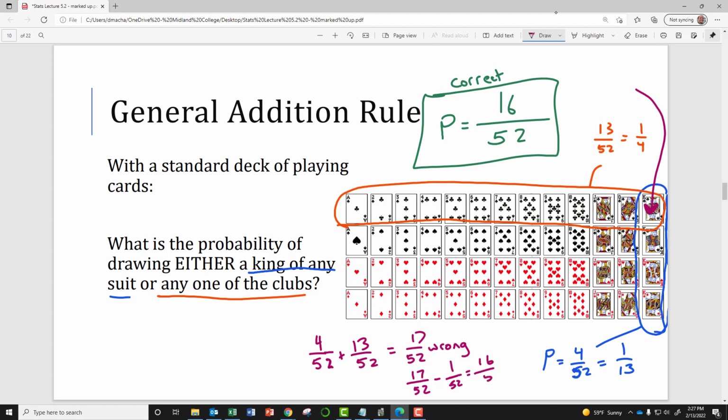Then I get 16 out of 52, which is the correct answer, because this way I'm not double counting the king of clubs. So with events that are not disjoint, in other words, events that are overlapping, it's important to make sure we're not double counting the outcomes that are in the overlap.